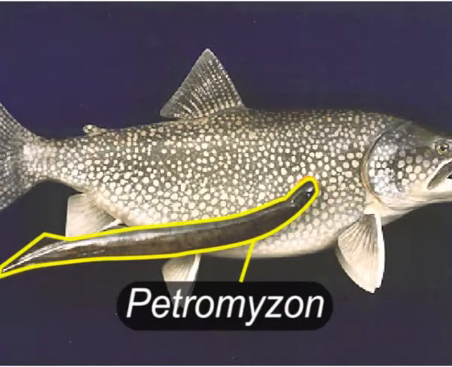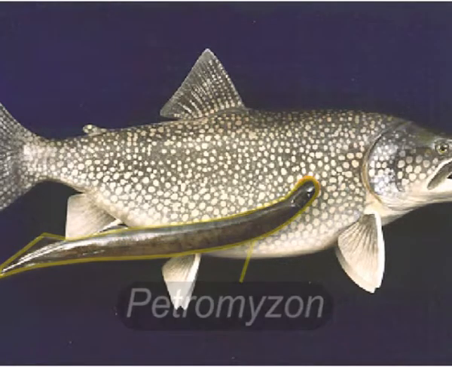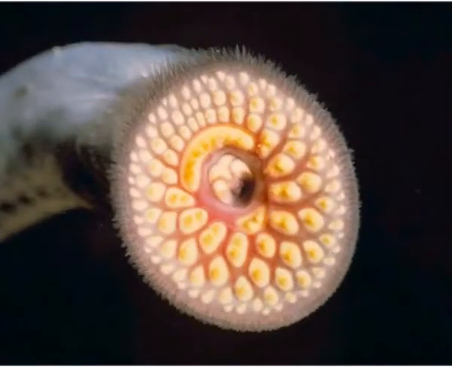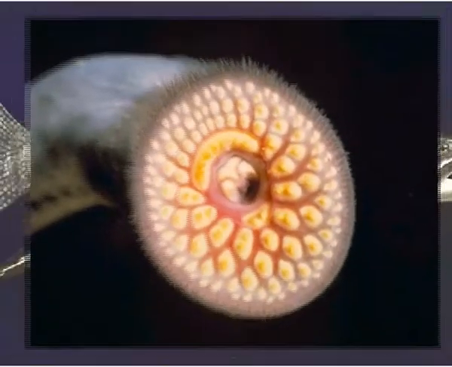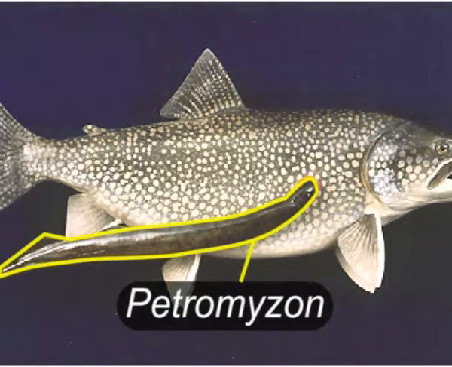Petromyzon, the sea lamprey, attaches itself to larger fish, such as shark, by the sucking action of its buccal funnel. It makes a hole in the host's body and sucks the blood.